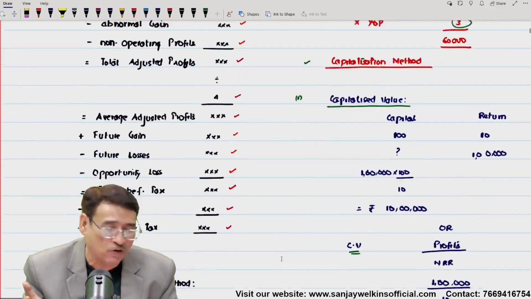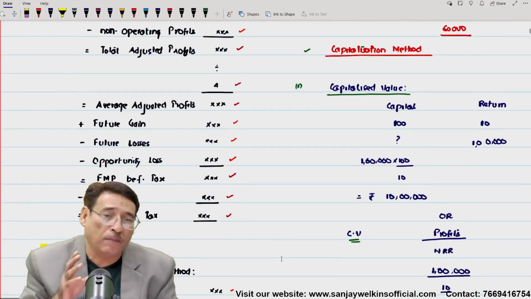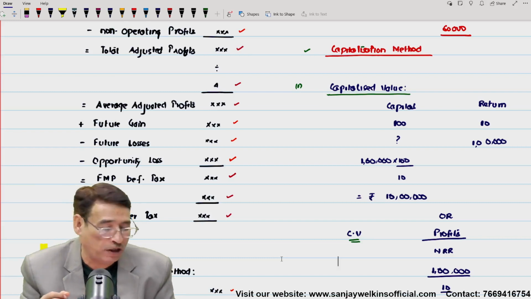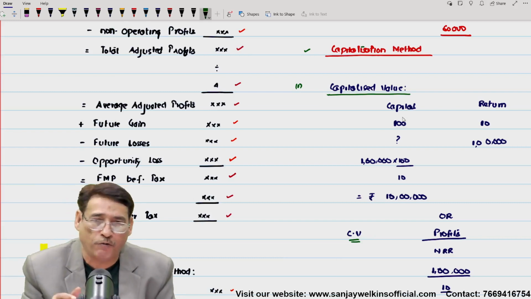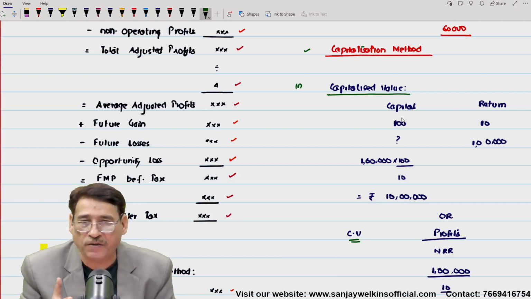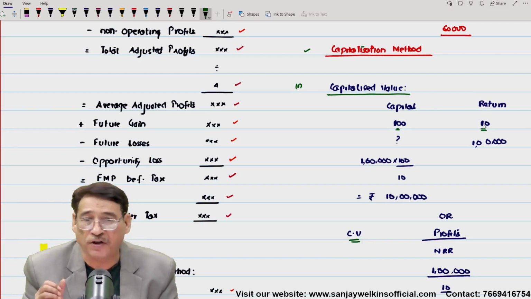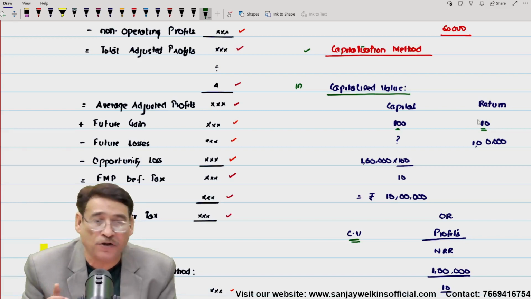But I'm trying to actually elaborate the meaning, and I will also elaborate upon what we actually mean by capitalized value. See here, the normal rate of return of the industry is 10%. No doubt about that. What does this return suggest? I have already told you. This return suggests that normally in this particular industry, on a capital of 100, rupees 10 is the return. Now reverse it.